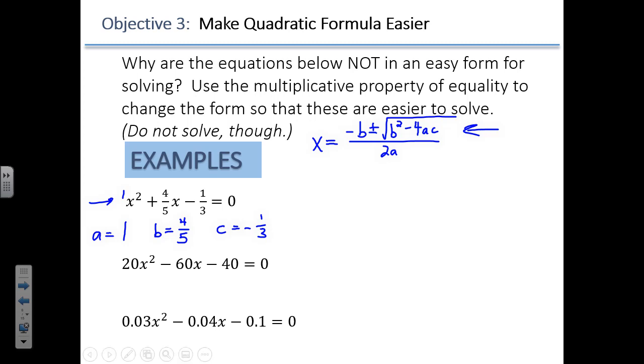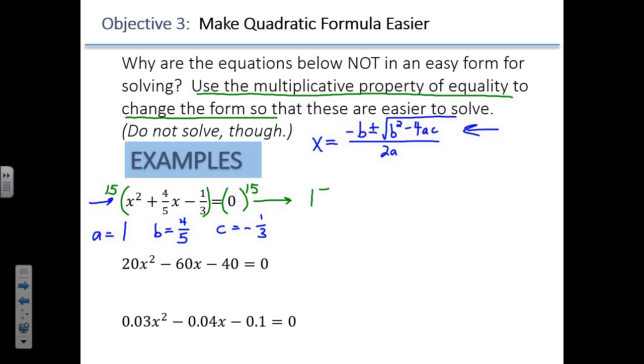So instead, we can multiply everything on each side of the equation to eliminate those fractions. So take a look at your equation here. What should we multiply both sides by to wipe out the fractions in that top equation? We'll multiply the left side and the right side all by the common denominator, and that is 15. If we multiply that by 15 and this by 15, it's still the same equation, but it's going to look different.